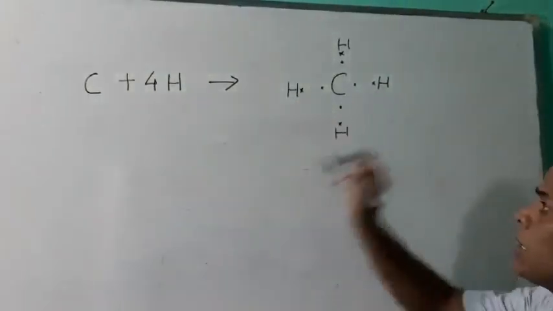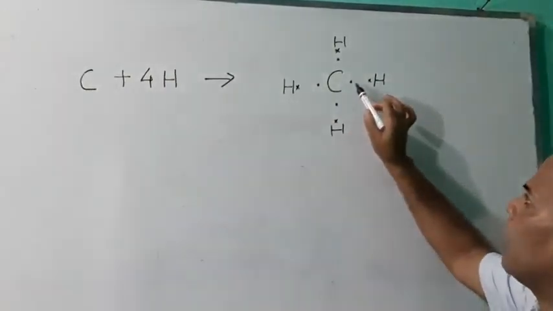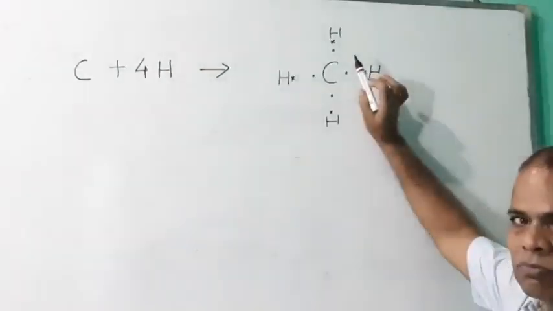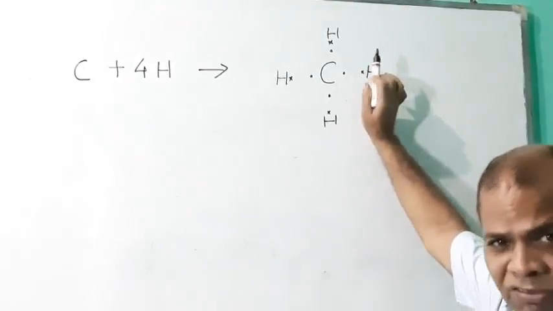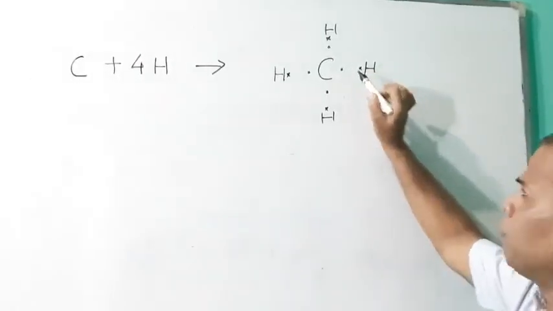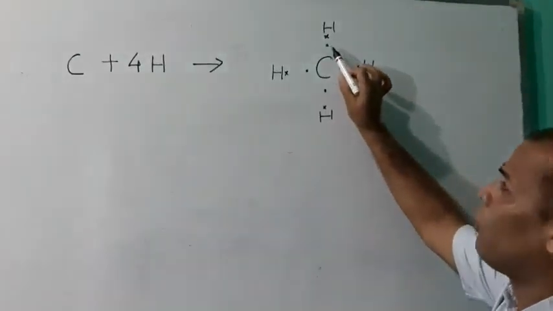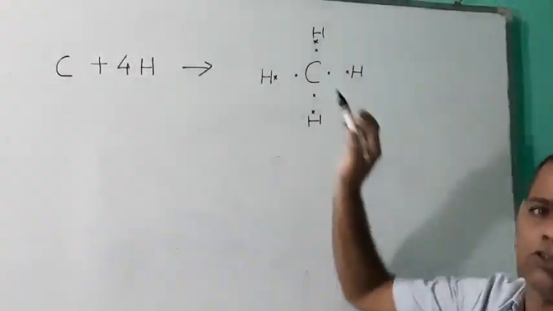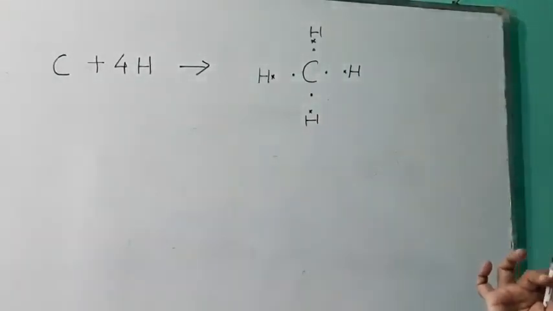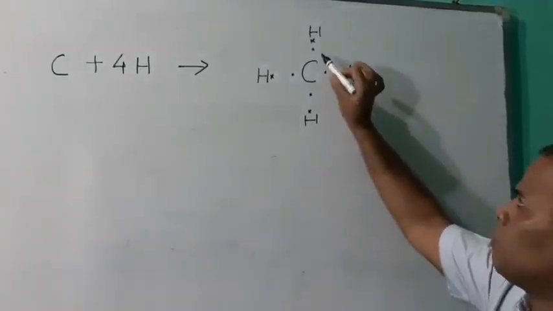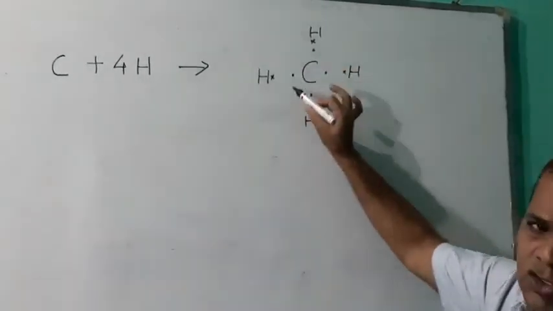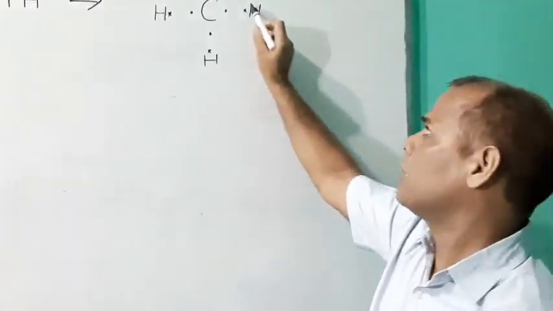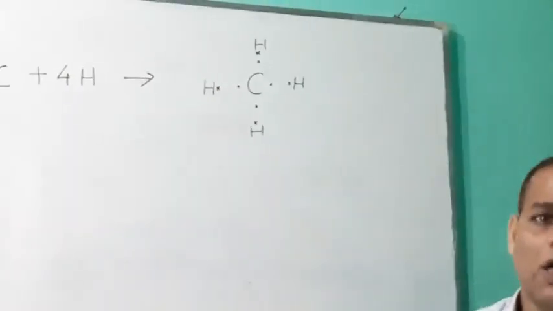Each carbon has 4 electrons in its outermost shell. To distinguish them, I have put a dot for carbon and a cross for hydrogen.